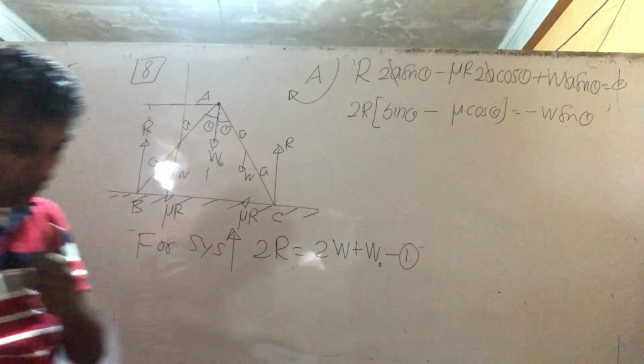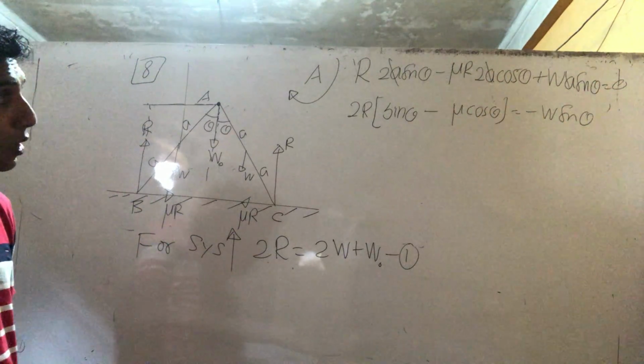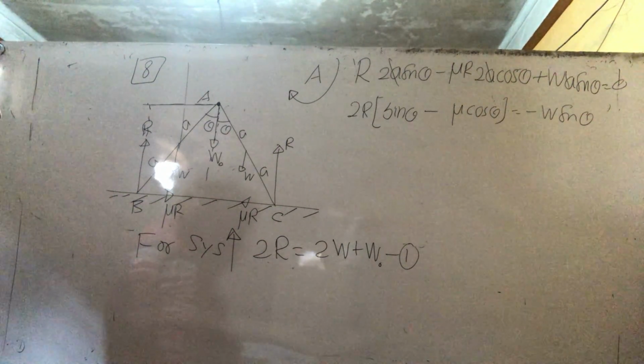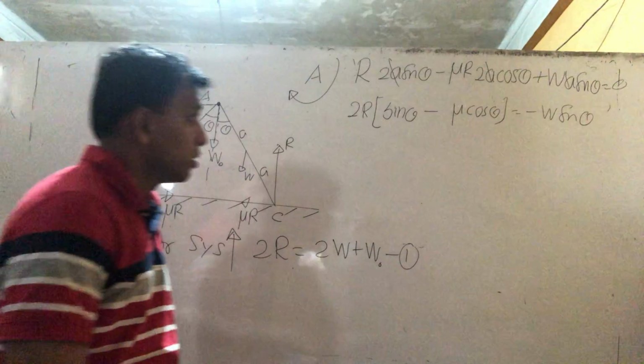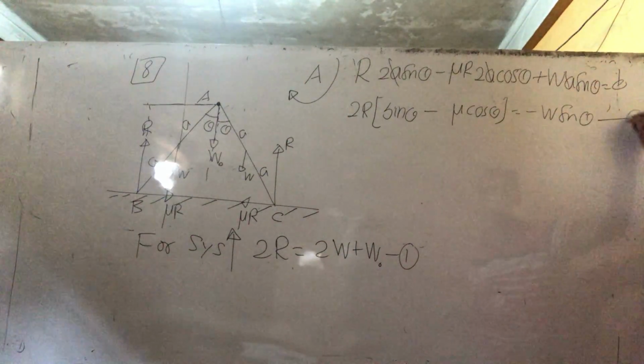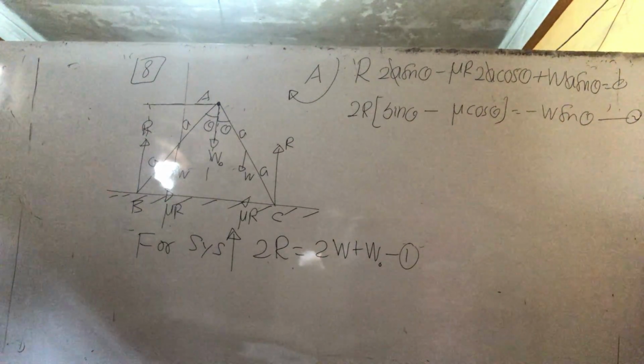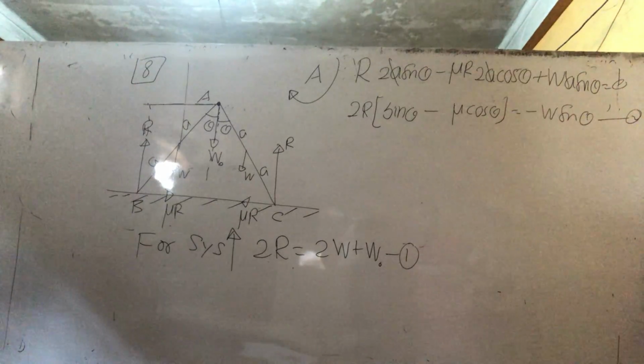If I take 2R out, sine theta minus mu cos theta equals minus. So now it's the second equation. It's my second equation. We have the first equation. Solve and find the W naught value.